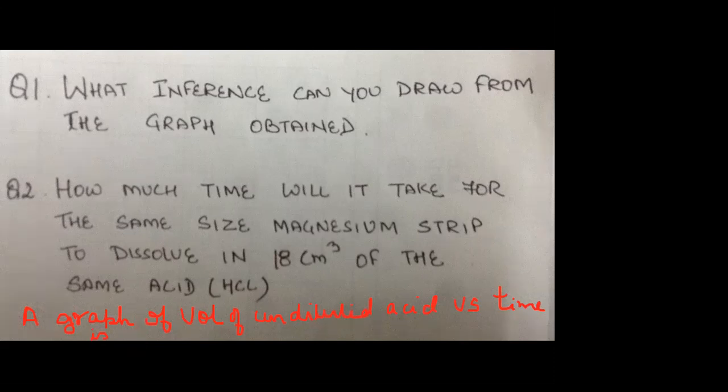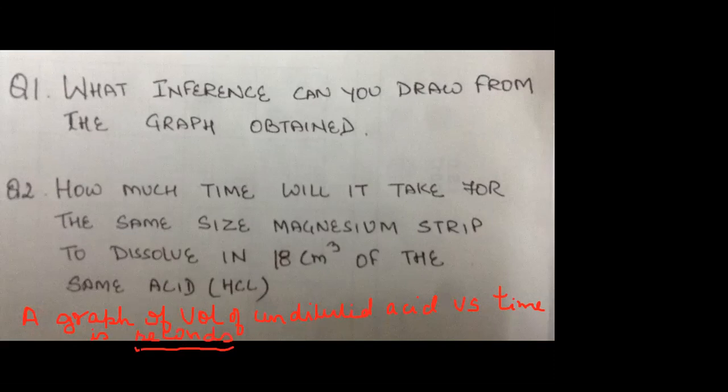Okay. Time in seconds you will take. All right. So this time in seconds you will have to do. You can take the x-axis and the y-axis accordingly and plot the graph.